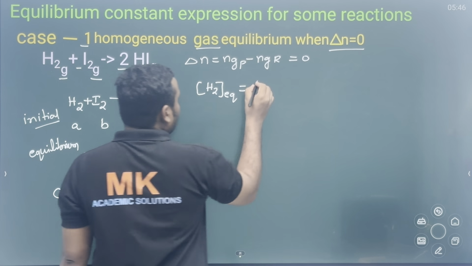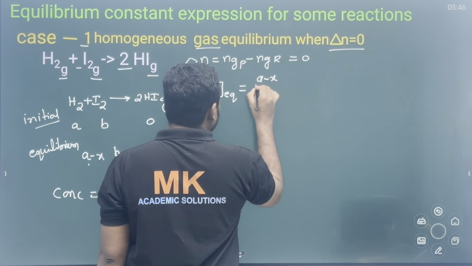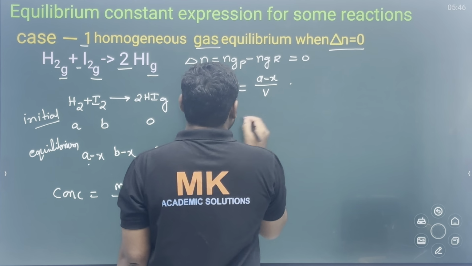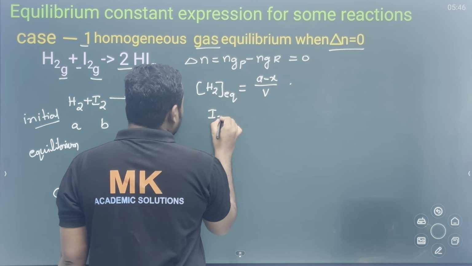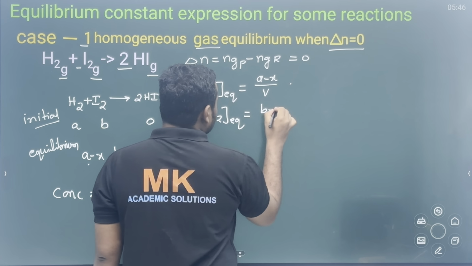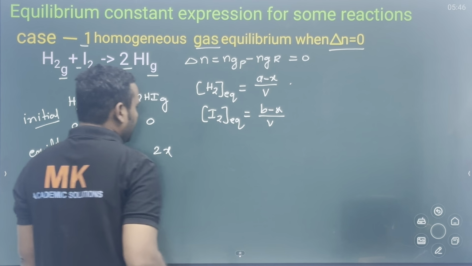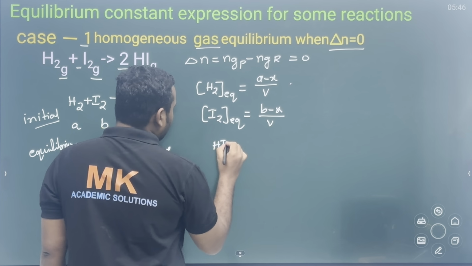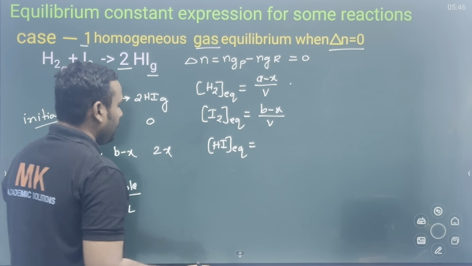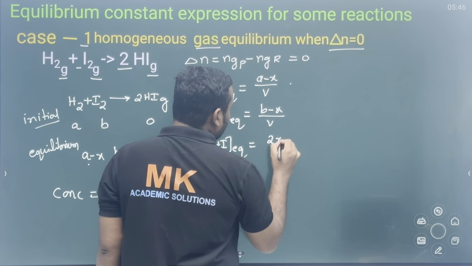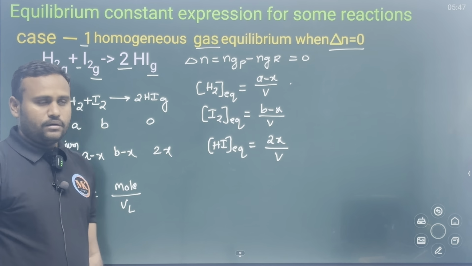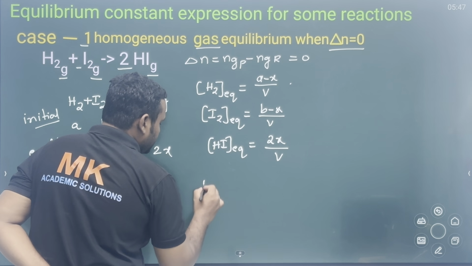That is a minus x by V. The concentration of I2 at equilibrium is b minus x by V, and the concentration of HI at equilibrium is 2x by V. What is the V here? V is the volume of the container.